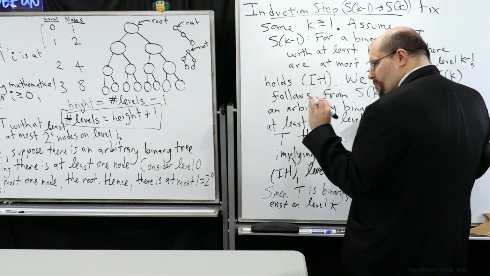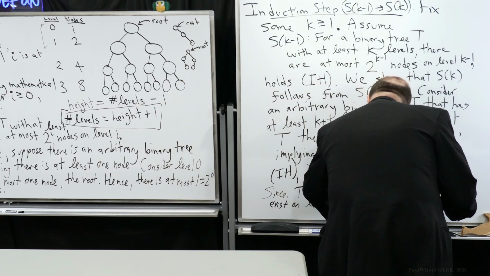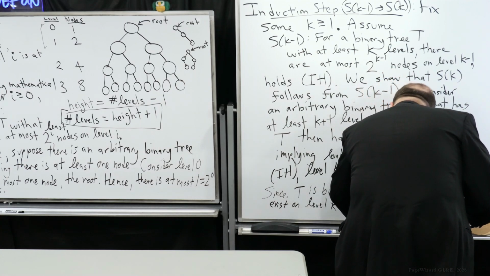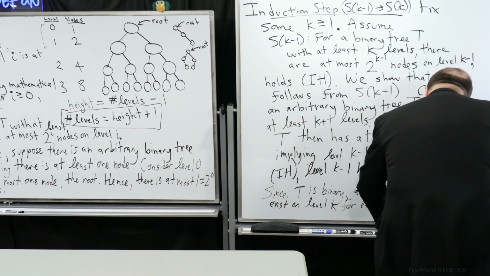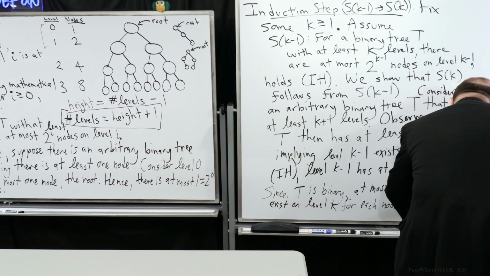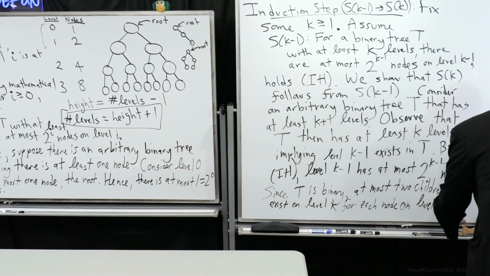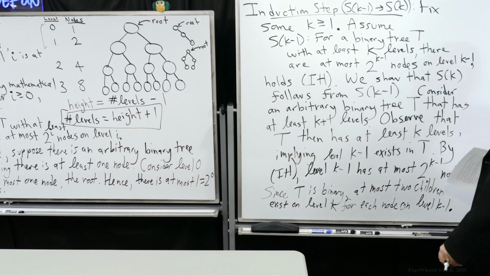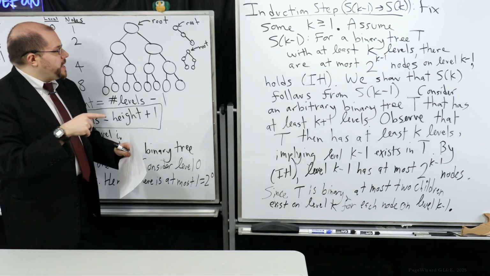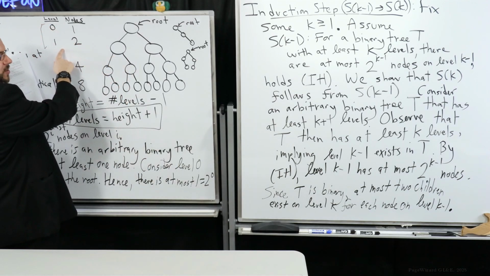But we have to be a bit more precise about this, right? Not just on level k, but where do they come from? For each node on level k minus 1. So that's its level, by the way. Let's go back to what we had over here. Since T is binary, if I were interested in level 1, I look at the one at level 0.